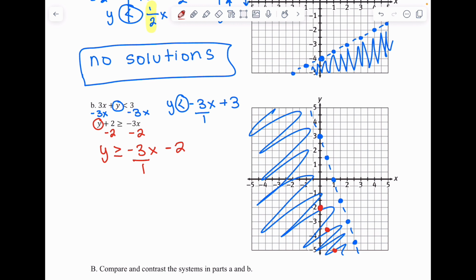Or to go backwards, I can go up 3 and to the left 1. There is a line underneath my inequality sign, so that means that my boundary line is solid. And because it says that y is greater than, that means I have to shade above my line.